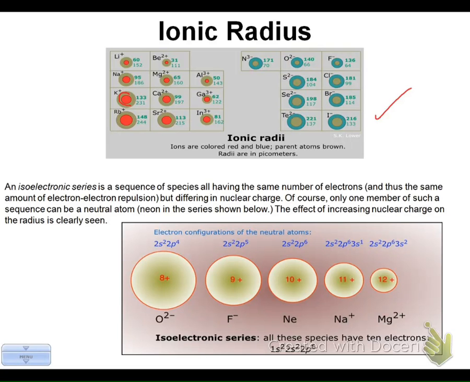as you get to the P block over here and they start becoming negative, the size just explodes. It goes very big. For any row, the largest ion in that row, in that period, will be the first one that becomes negative. And you're thinking, why in the world is that?